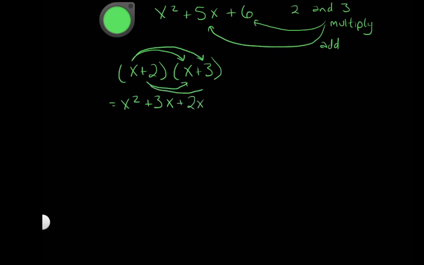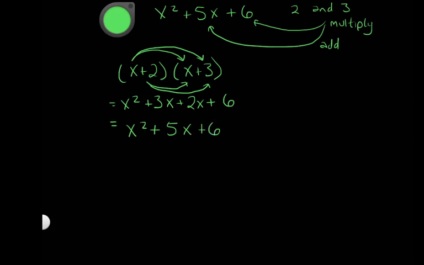And 2 times 3 is 6. When I combine my like terms, I have my x squared, 3x plus 2x is 5x, and then I have my plus 6.